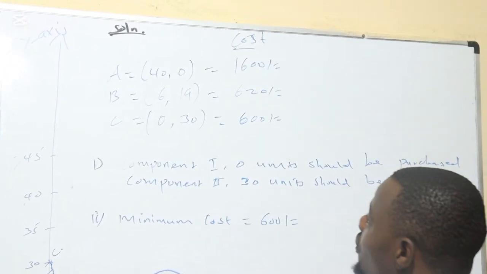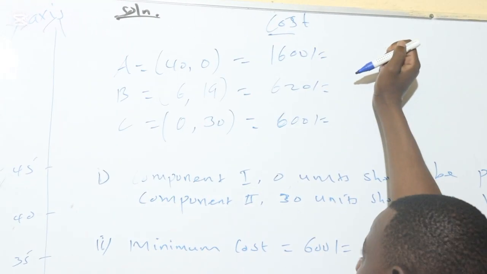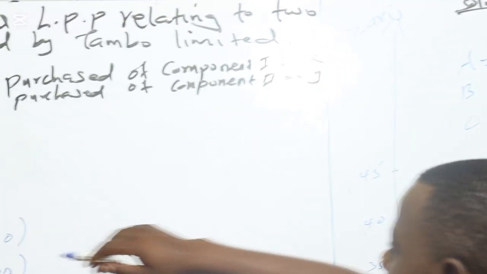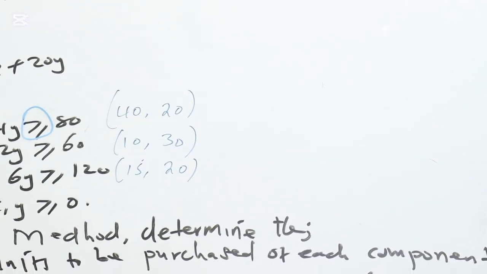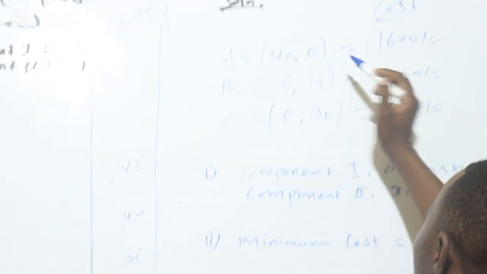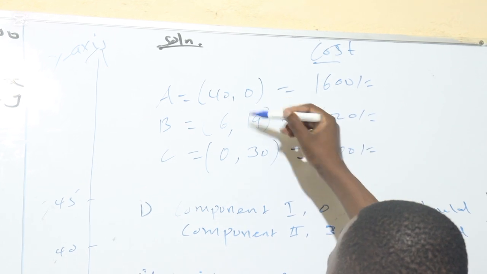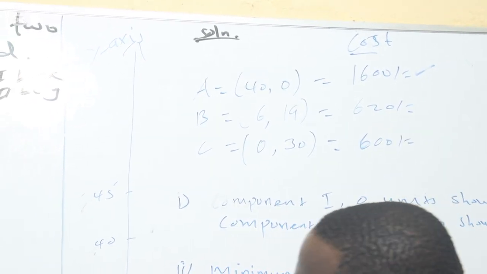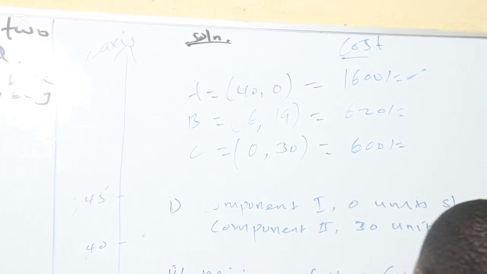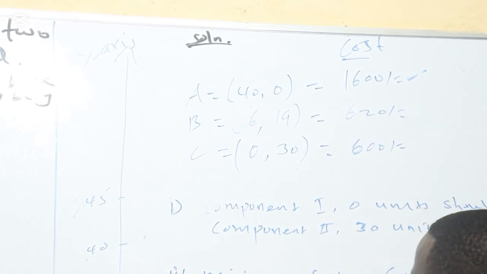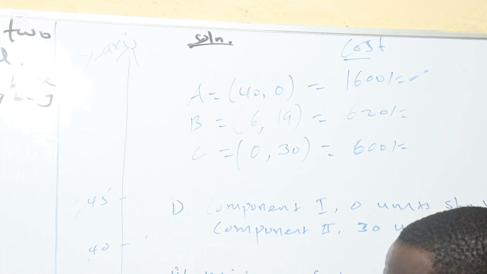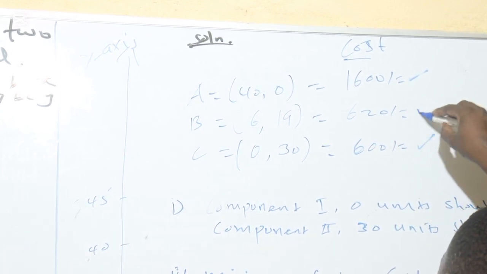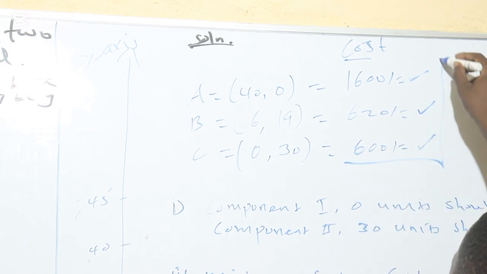Then I evaluate the objective function at each of the corner points. Remember the objective function is 40x plus 20y. At A, 40 times 40 plus 20 times 0 gives 1600. At B, 6 times 40 plus 20 times 19 gives 620. And at C, 0 times 40 plus 20 times 30 gives 600.